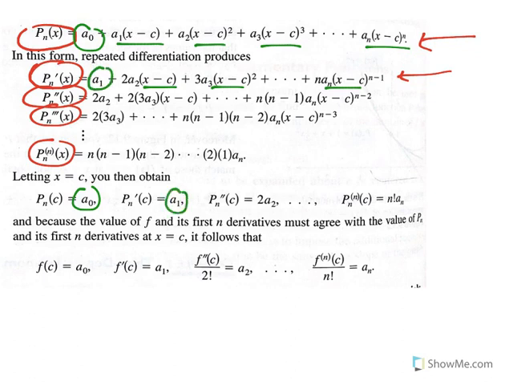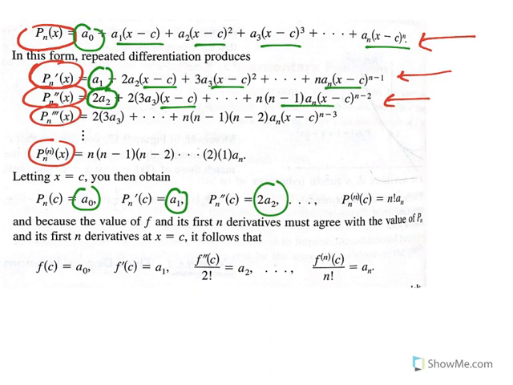a sub 1. And p sub 2, the second derivative of p sub n evaluated at x is equal to c, all of these terms will go to 0, and you'd just be left with 2 times a sub 2.